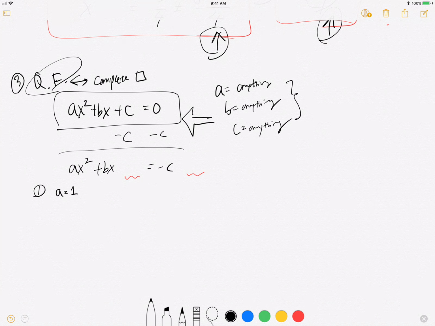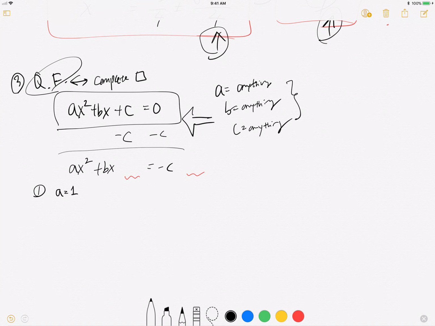Square whatever you've gotten. So b over 2a squared means this whole thing squared. Same thing as saying b over 2a times b over 2a. Please do not say b squared over 2a squared. It should be b squared over 4a squared, because that's 2 times 2 as well.